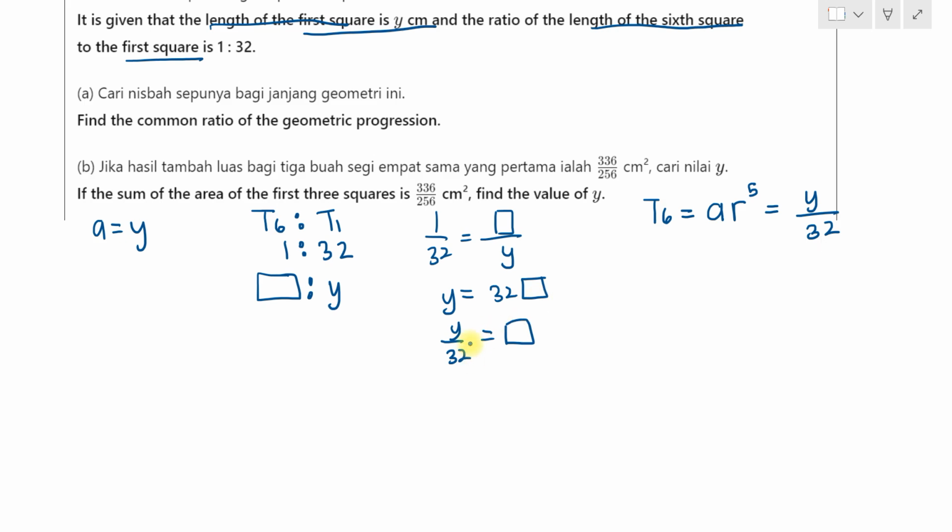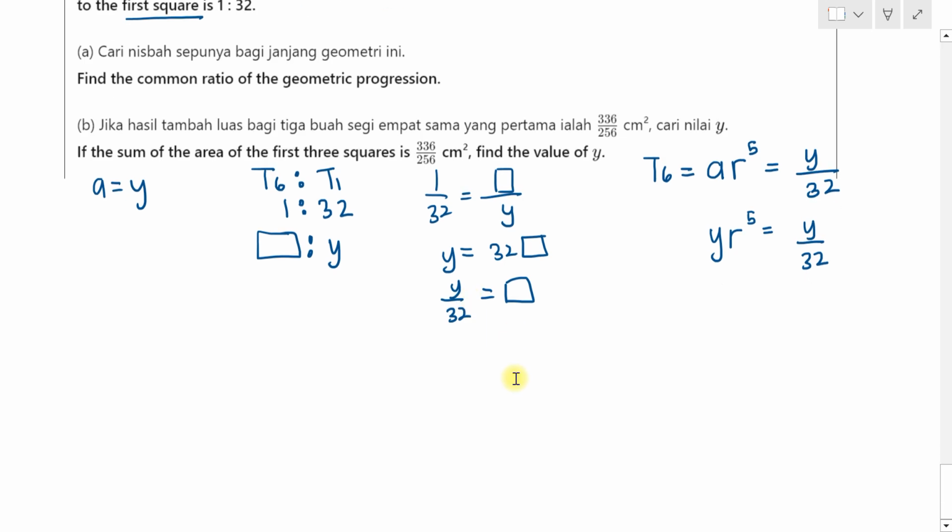And remember your a is y, so y r power 5 is equal to y over 32. Oh yeah, it can cancel. So the question doesn't need us to express in terms of y.